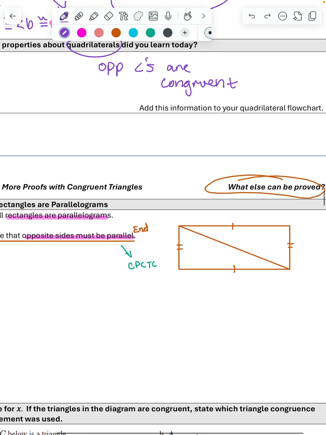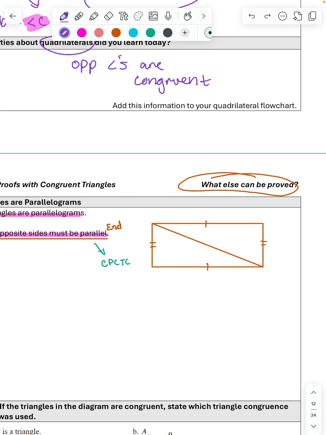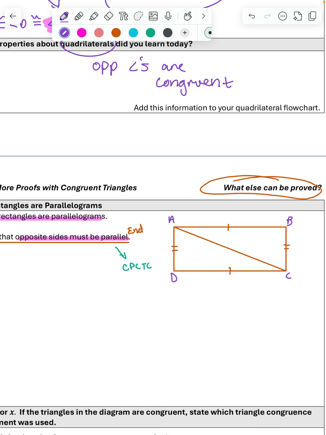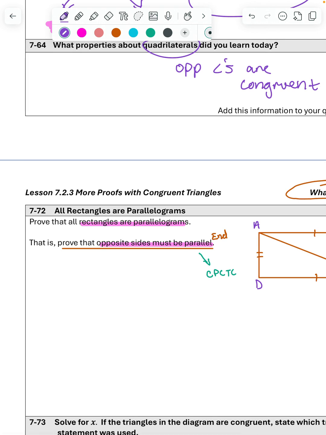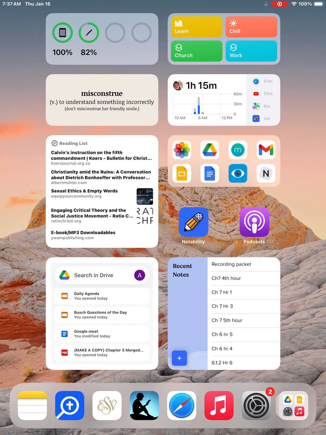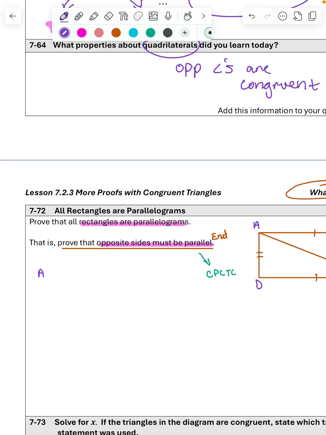So I'm going to go ahead and label my rectangle here. I'm going to go A, B, C, D. I'm going to start with the information that I'm given, and see if that takes me anywhere. I'm going to talk about how opposite sides are congruent. So side AB is congruent to side DC.